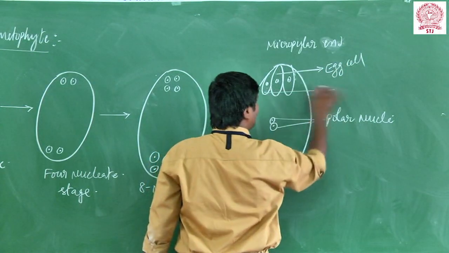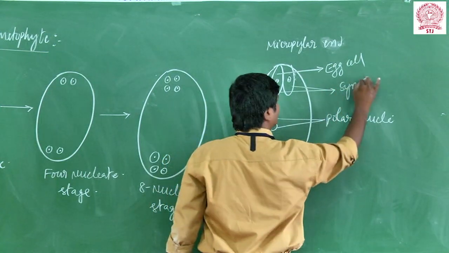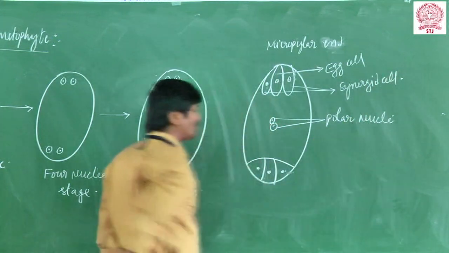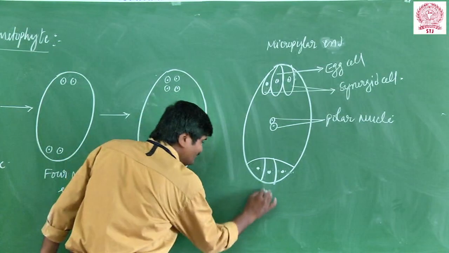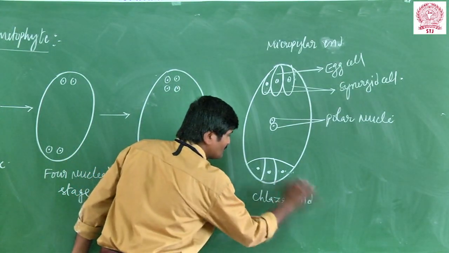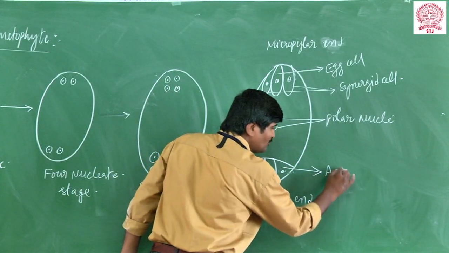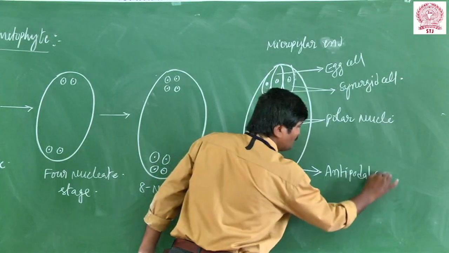On either side, synergid cells. The remaining 3 are towards the chalazal end. These 3 cells are known as the antipodals, antipodal cells.